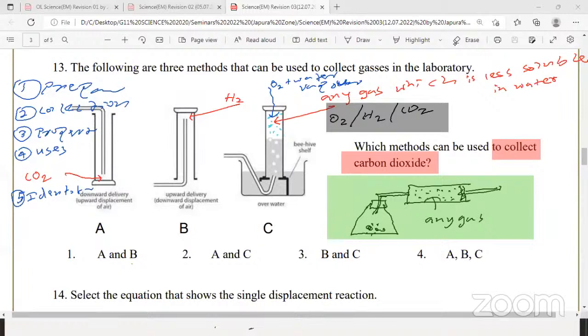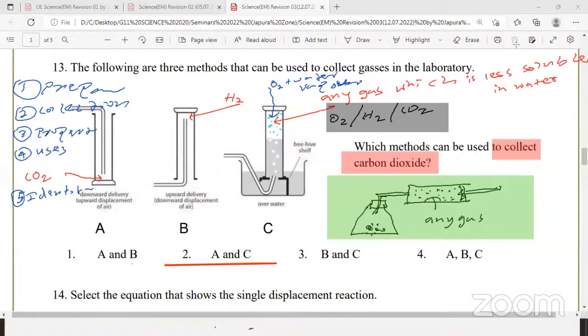How many of you got the second answer? A and C only are correct for collecting CO2 gas. Right, around 15 students raised their hand. Very good. My advice now: not just to mark the answer, even though your answer is correct, if anything you feel is important, you'd better copy that down separately in your writing book.